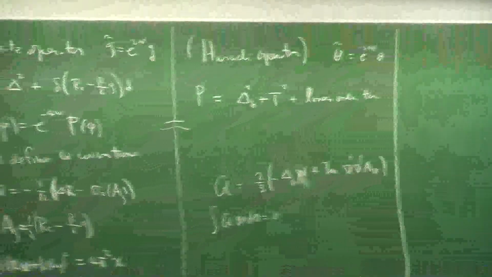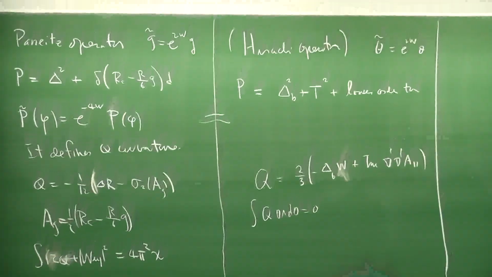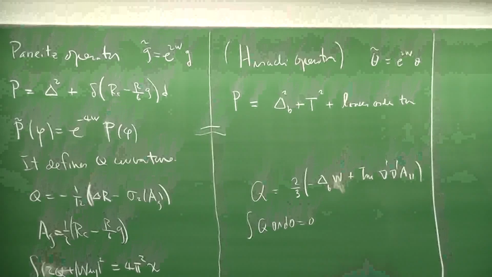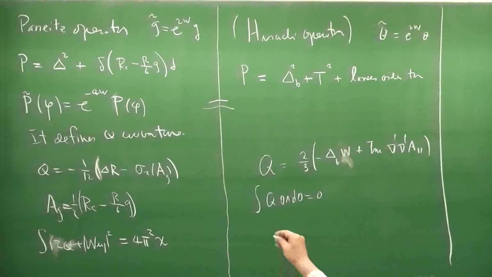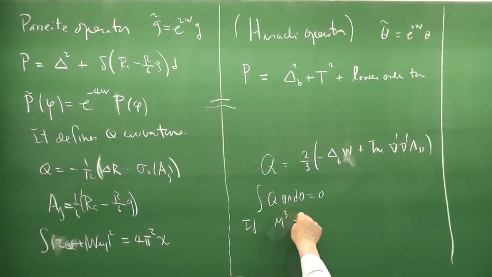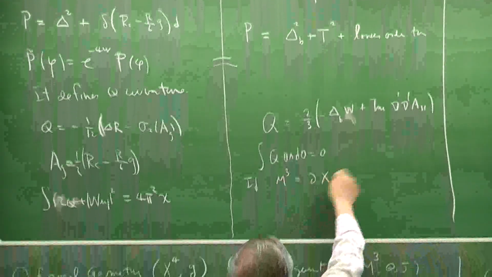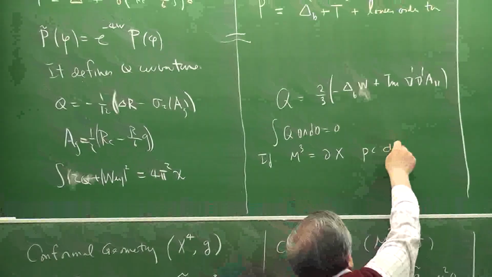Okay. So now remember, suppose my 3-manifold is the boundary of, say, a pseudo-convex domain. So if M^3 is the boundary of a pseudo-convex domain.